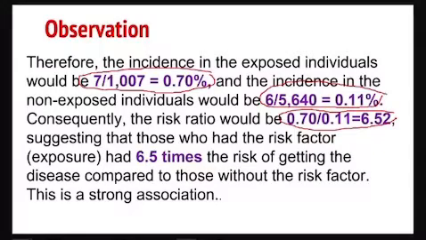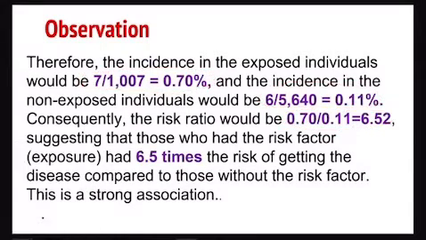When we get the cumulative incidence in the two groups, exposed and unexposed, I'm going to find the risk ratio, the ratio of the two: 6.52. Now, to interpret 6.52, I have to look at what I put in the numerator.